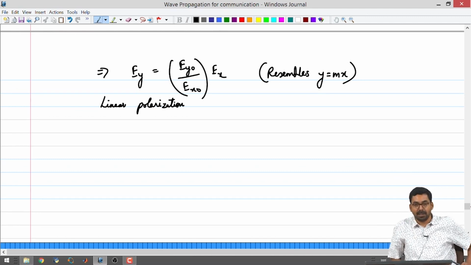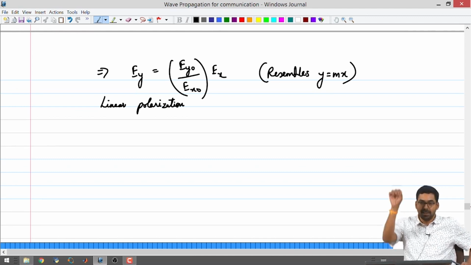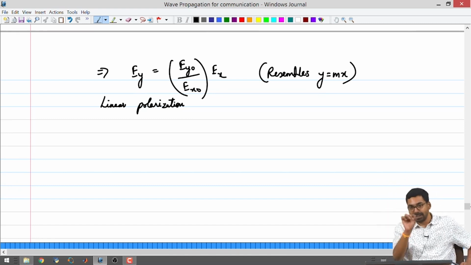So, Ex naught, Ey naught, etc. are very simple. With respect to time, the electric field is actually oscillating like this. The x component is doing this, the y component is doing this, but they arrive at the origin at the same instant of time, which means that they do not have any phase difference, but they could have different values.